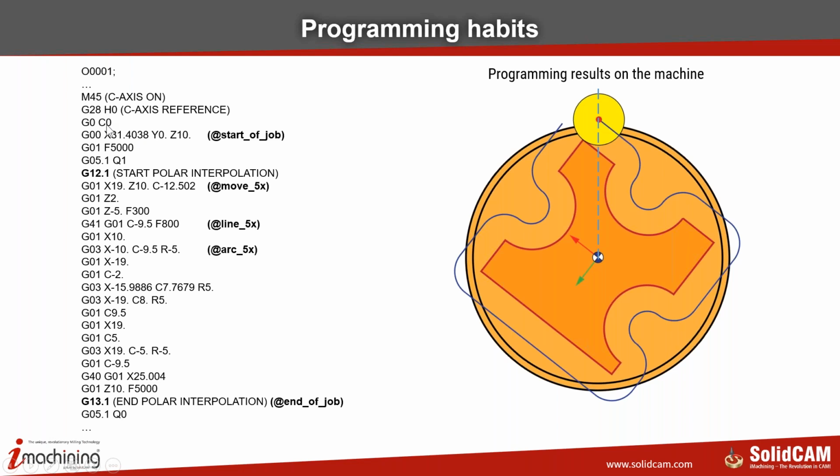If you, for example, rotate your part before 12.1, for let's say 45 degrees, as it is in this case, this is roughly 45 degrees, okay? If you rotate 45 degrees, then your coordinate system will be defined in this 45 degrees angle.